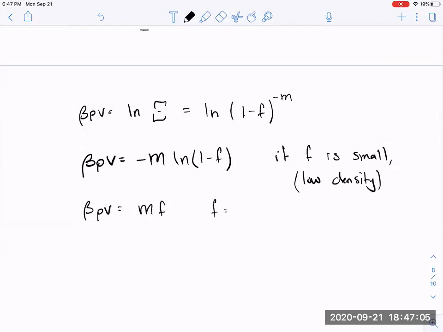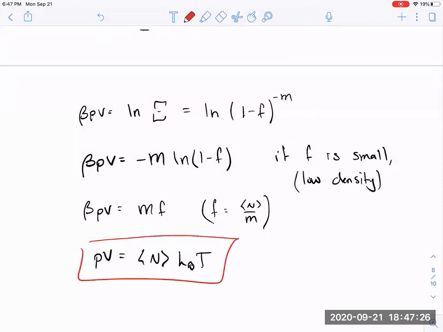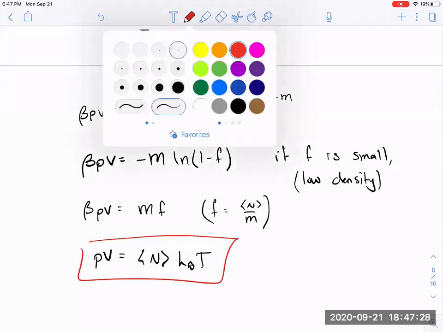F was average occupancy. So what have we just found? That PV is equal to NkT. No surprises there. The ideal gas law comes back out again.